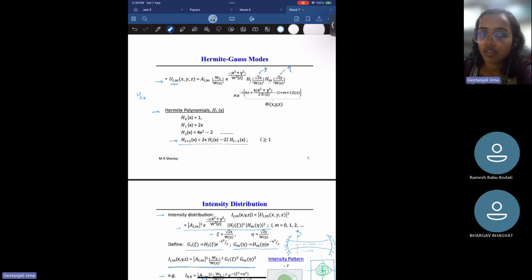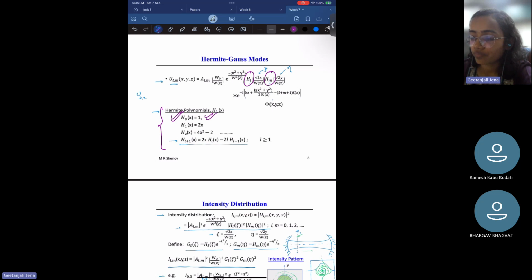So these are some Hermite polynomials, with HL here and HM here. When L equals 0 or when M equals 0, the Hermite polynomial H0(x) is 1. When L equals 1 or M equals 1, the Hermite polynomial H1(x) is 2 times x.